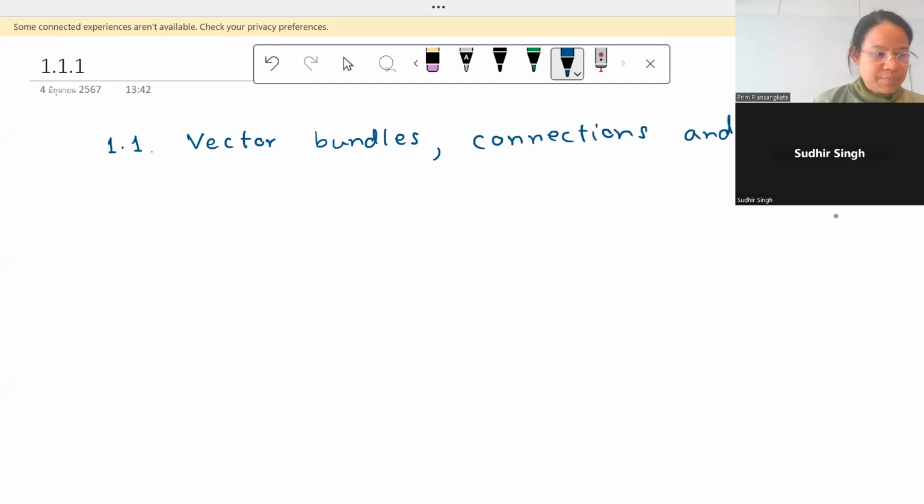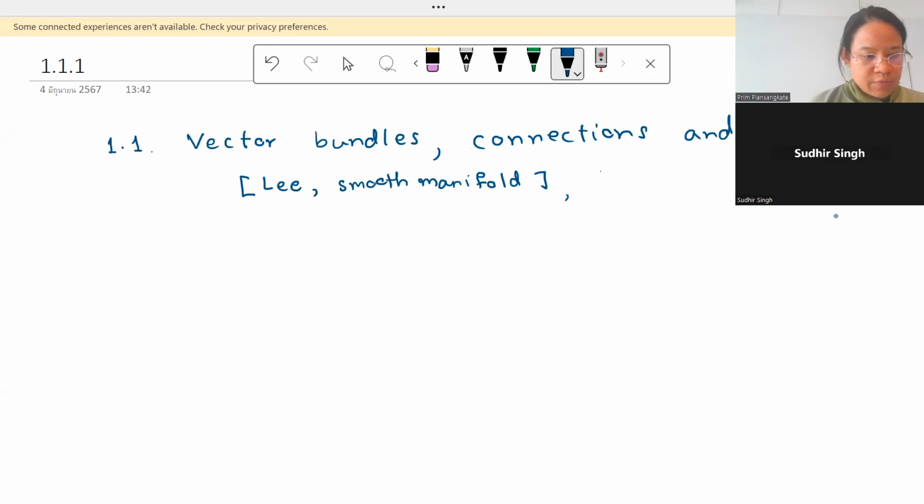Okay, and in this part I follow the references. I am still using the book by Lee on smooth manifolds, and then I followed the book by Ward and Wells, and also Mason and Woodhouse.